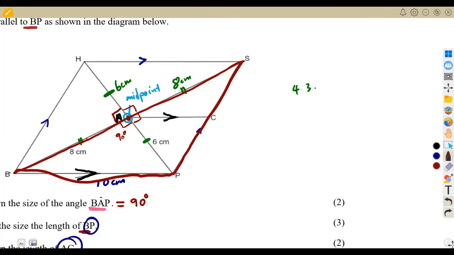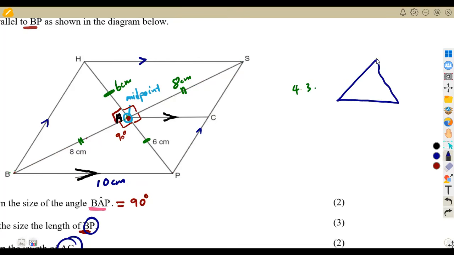And if it is a midpoint, therefore it means that we can apply the midpoint theorem because these two sides are parallel to each other. So what we have there is simply from the midpoint theorem. The moment that A is a midpoint and the line AC is parallel to BP, these two lines are parallel, and this line is drawn from a midpoint, therefore it means AC is half of this side, which is BP, from our midpoint theorem.